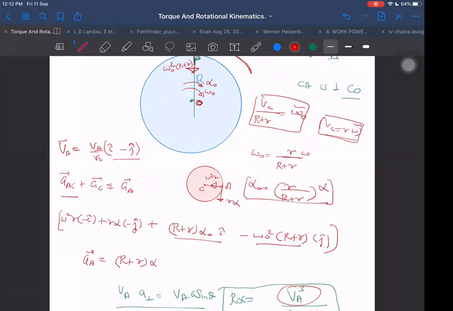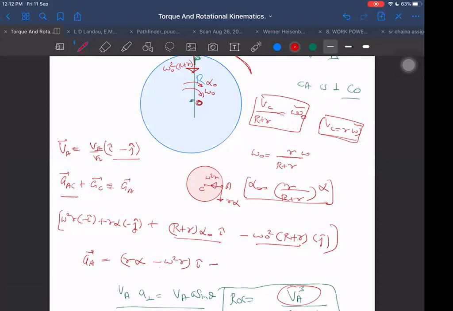Then R plus r will cancel. We get small r into alpha minus omega square r along i cap, and along j cap it is negative as well.